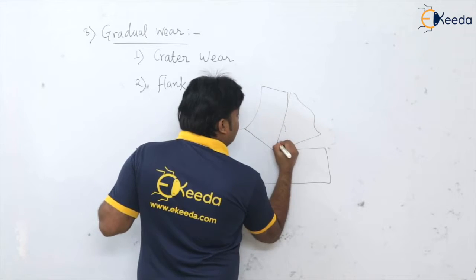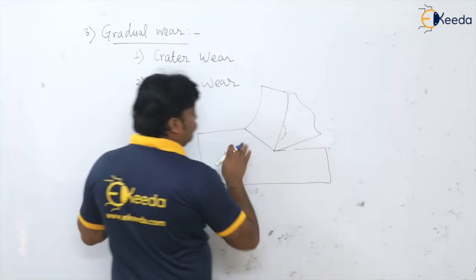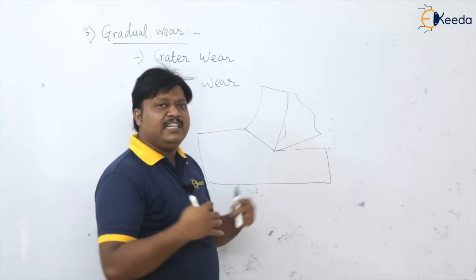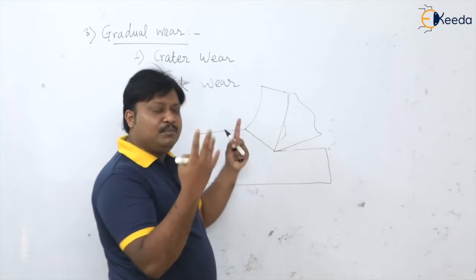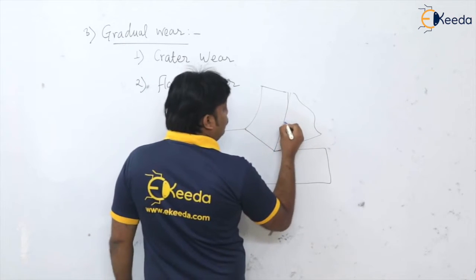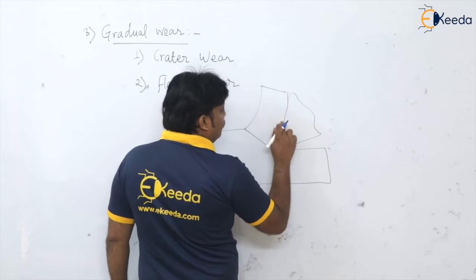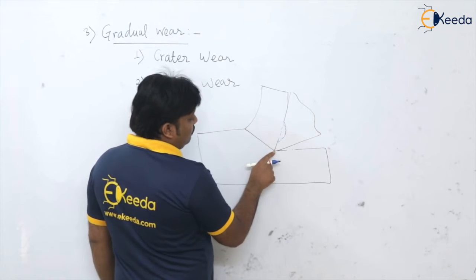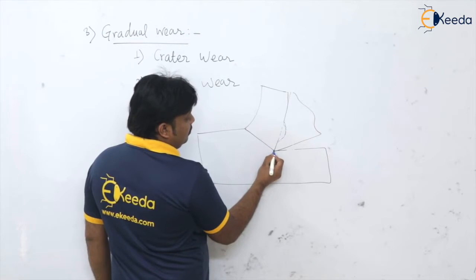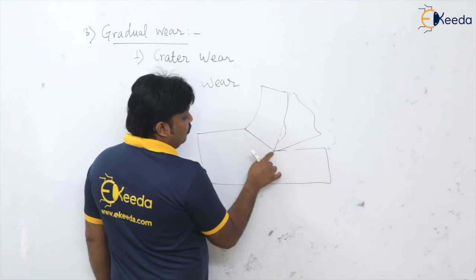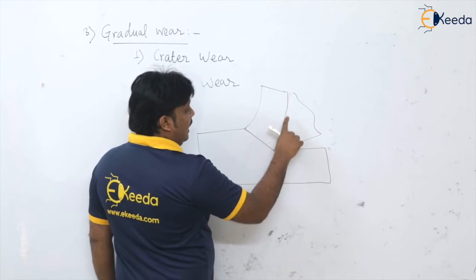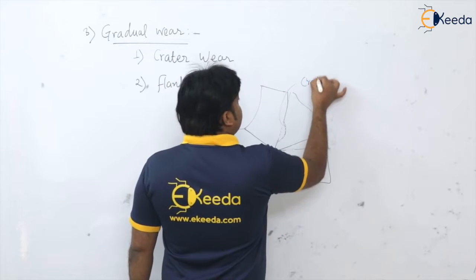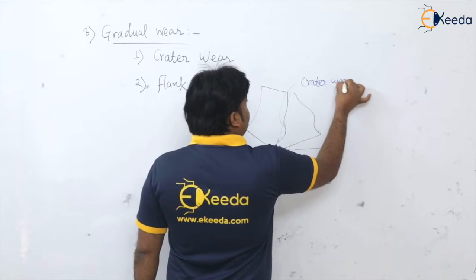Because of the constant movement of the chip over this rake face, the friction, the wear and tear, and the high temperatures, this wear will be present on the rake face at a certain distance from the tip of the tool. This is the tip of the tool. It does not start directly from the tip of the tool but at a certain distance. So this wear is our crater wear.